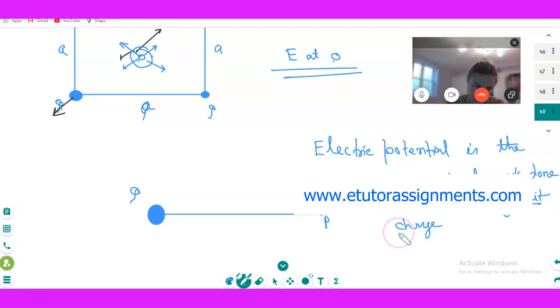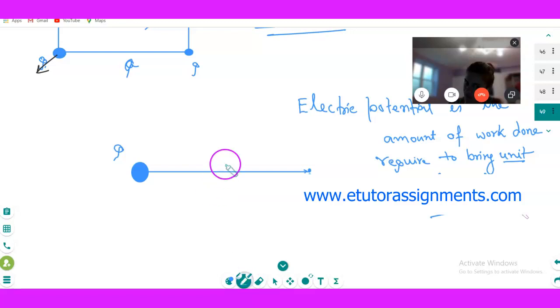Which charge do you want to bring, positive or negative? Positive. Unit positive charge. The amount of work done required to bring unit positive charge from infinity to that point. Is it clear? How much will it be?